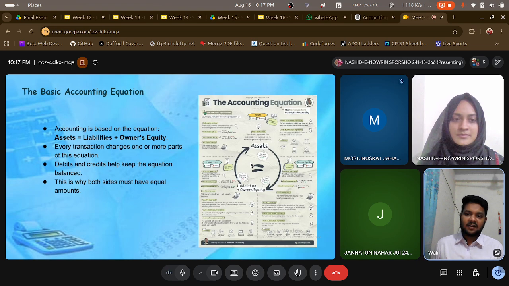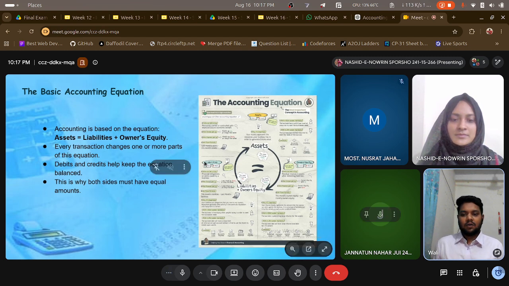I can say that it's my asset, but there are two possible ways. One is that I invested the whole amount by myself, or I invested 500 from my side and 500 I borrowed from my friend. So here 500 is my liabilities and the other 500 is the owner's equity, that is mine.